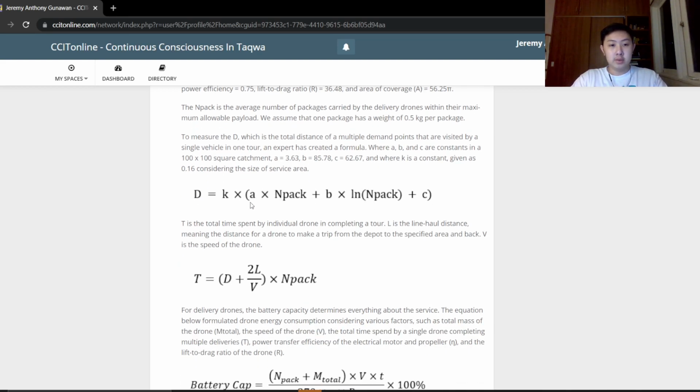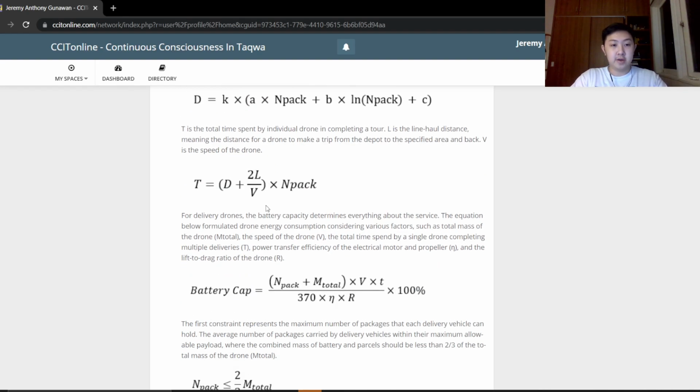So there are a few things to cover. For the formula D, which is the total distance of multiple demand points that are visited by a single vehicle per tour, there is this formula, which involves A, B, C, and K. K is the constant, 0.16, considering the size of the surface area, which is this 56.25, and A, B, C are the constants in a 100 by 100 square catchment.